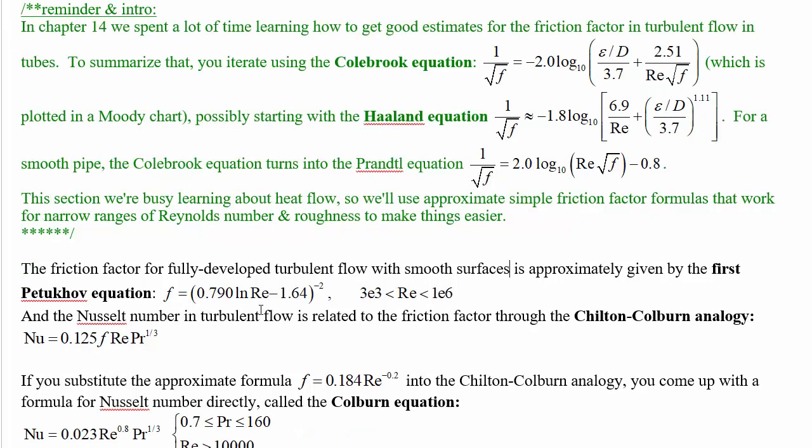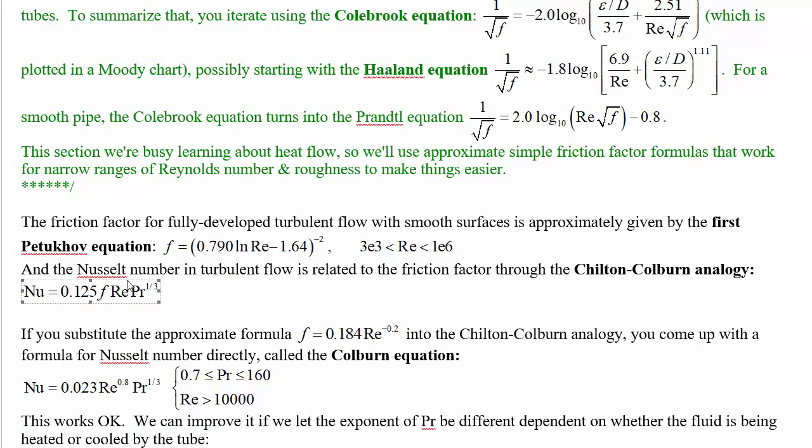And then the Nusselt number, if you were to go and calculate this, can be figured out from the Chilton-Colburn analogy using this friction factor. Now, if you substitute in this friction factor calculation in terms of Reynolds number into this Nusselt number calculation, then you end up with the Colburn equation.